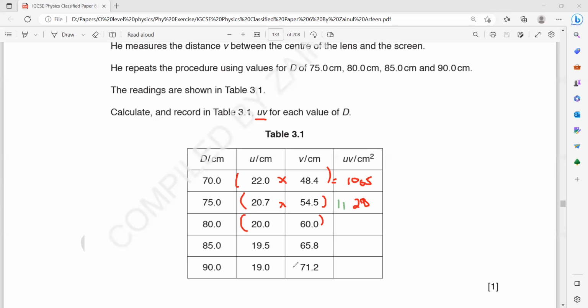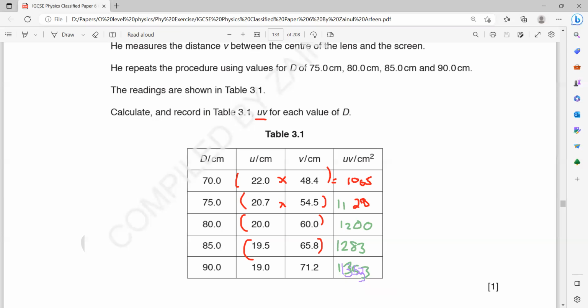Then 20 times 60 is 1200, so we don't have to round. 19.5 times 65 is 1283.1, so 1283. Then 19 times 71.2 is 1352.8, so 1353.